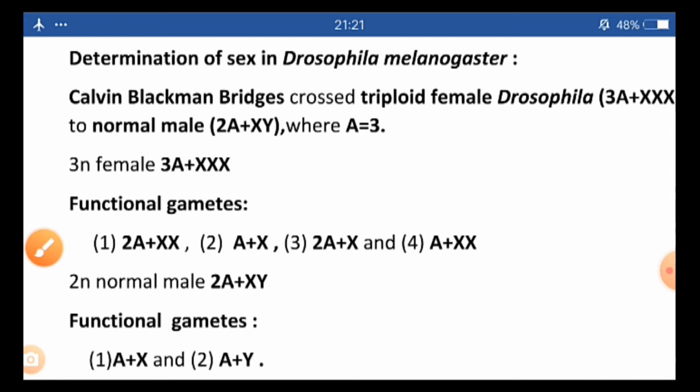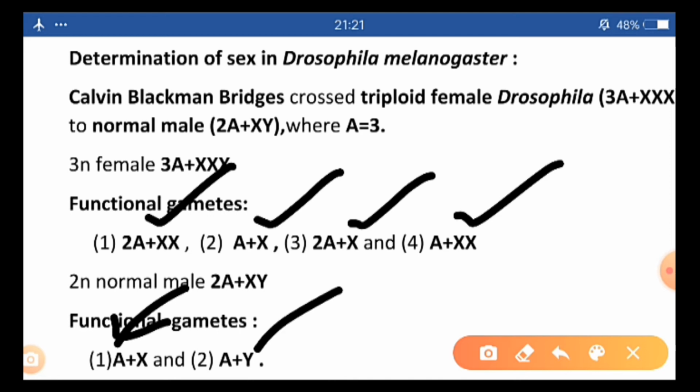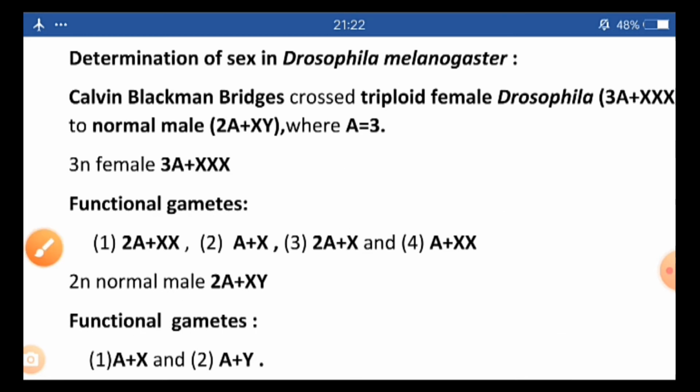Okay, these are the functional gametes obtained from the triploid female Drosophila, and the functional male gametes from the normal male Drosophila are A plus X and A plus Y. Clear? So put these functional gametes in the checkerboard, and then you will get the new phenotype as well as the new genotype of the offsprings.